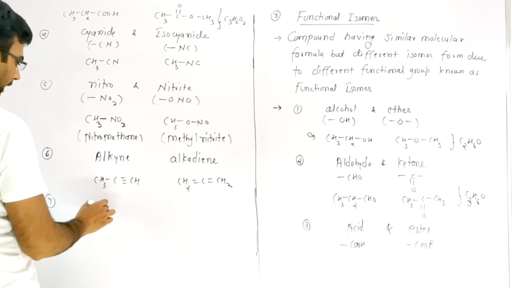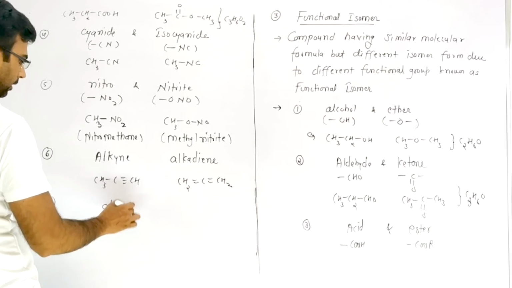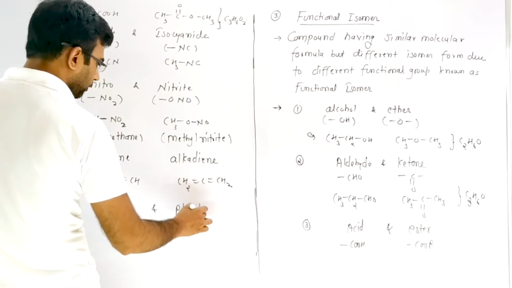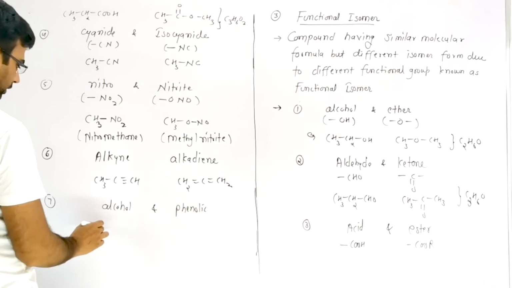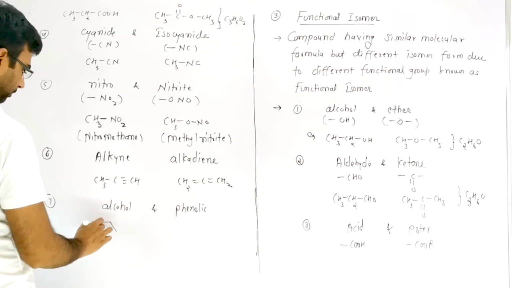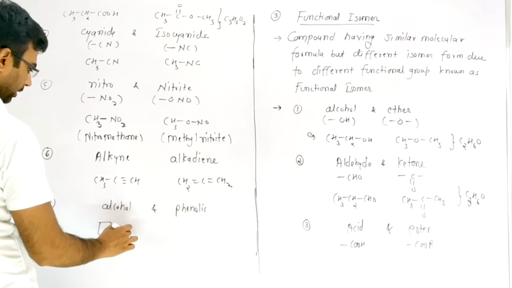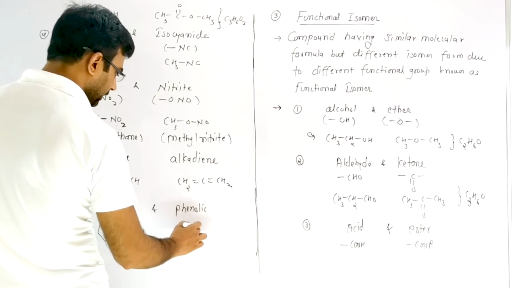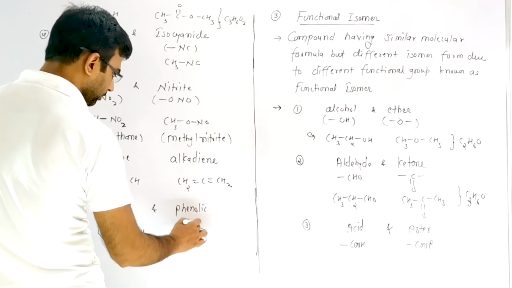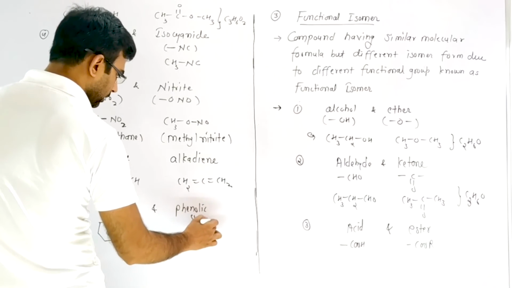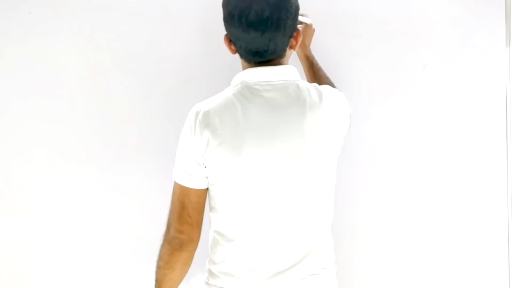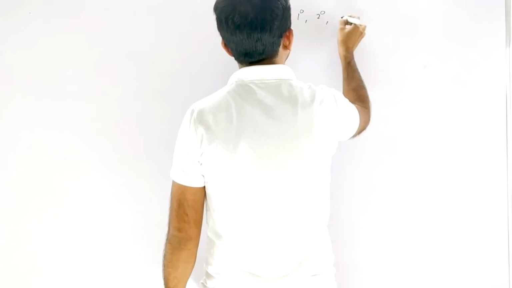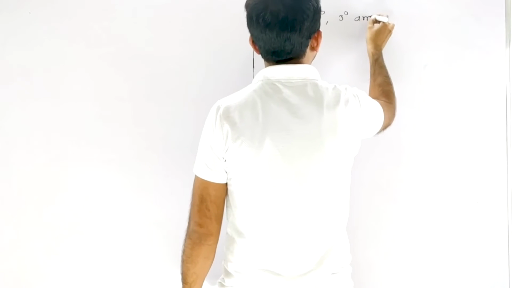We have alcohol and phenolic groups, because we have the formula; these are alcoholic, but similarly we represent these as the phenolic group. Next, similarly, we have 1 degree, 2 degree and 3 degree amines.